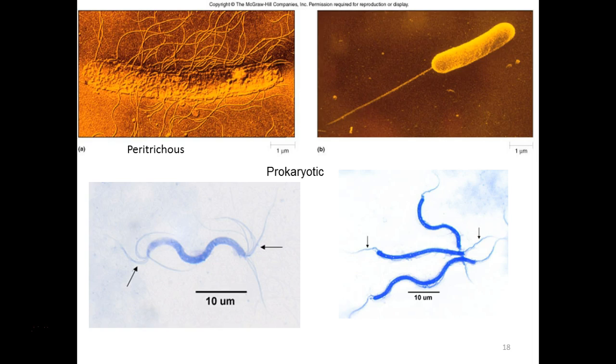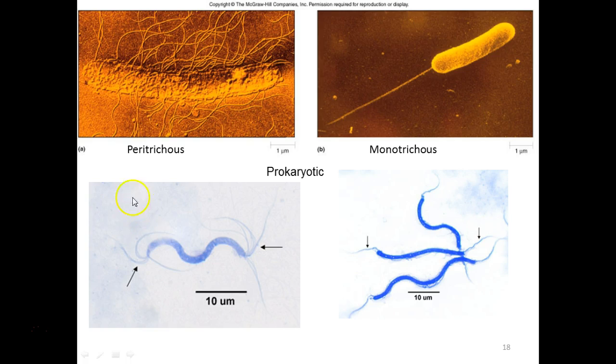If we say mono, we mean one. So monotrichous means one. Also, sometimes you'll see the term polar, right, as in one pole, because notice it's only at one end of this, again, what shape? Rod or bacillus.